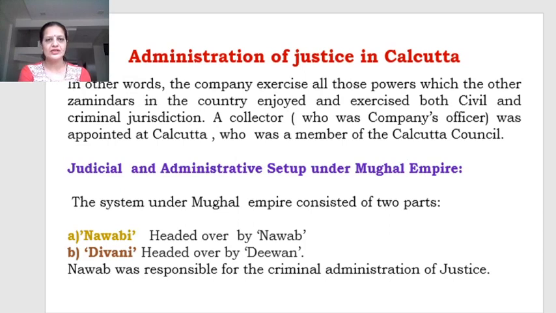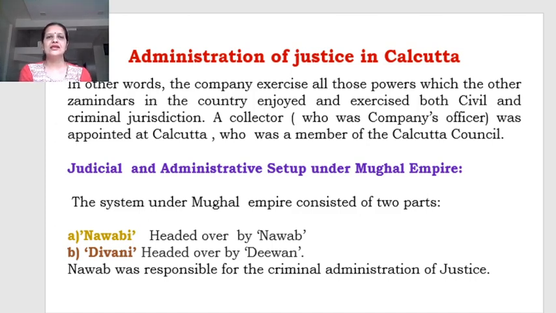In other words, the company exercised all those powers which the other zamindars in the country enjoyed and exercised. So they exercised both civil and criminal jurisdiction. A collector, who was the company's officer, was appointed at Calcutta and was also a member of the Calcutta Council.